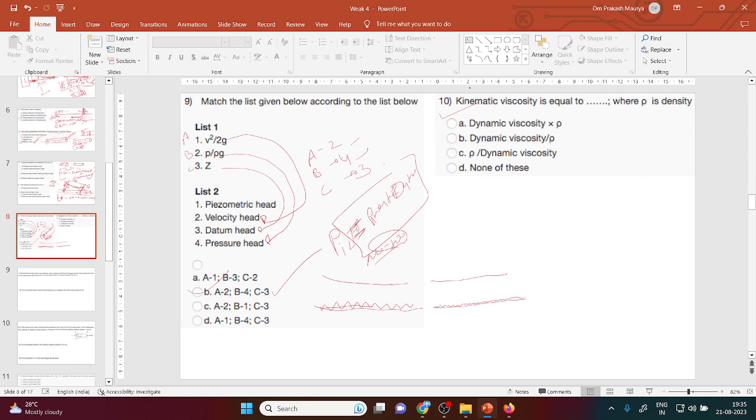So why I ask that doubt is, while we are drawing the hydraulic gradient line, it is actually showing the pressure head and the datum head, isn't it? Yes. Even though there is friction in it, for the total line the kinetic energy change will be representing the total energy, isn't it?